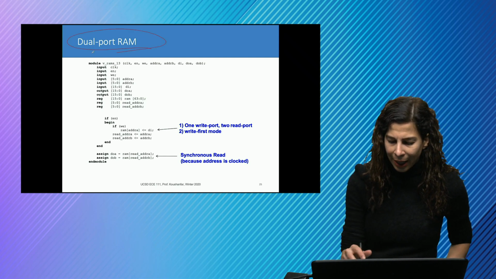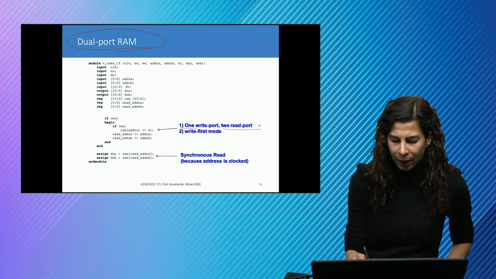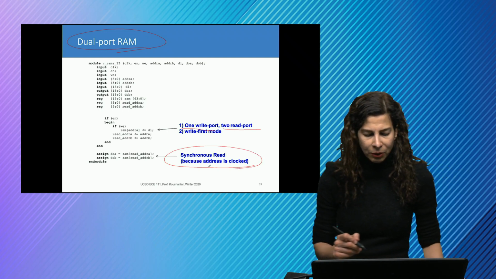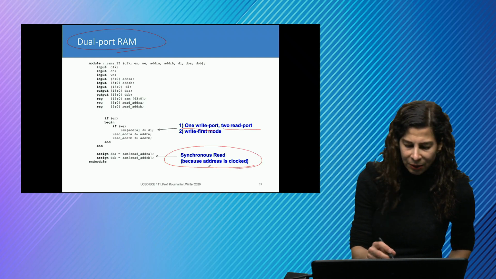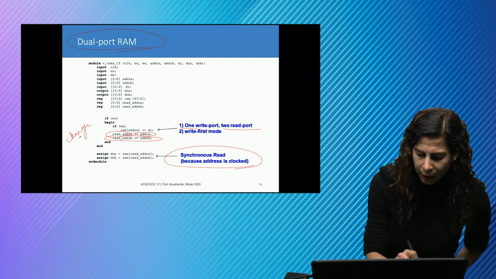Similarly, we could have one write port, two read ports, and you could also have synchronous read. And the synchronous read here is because the addresses here are clocked. So these change at the clock edge.